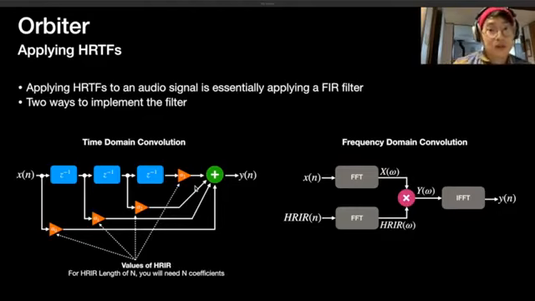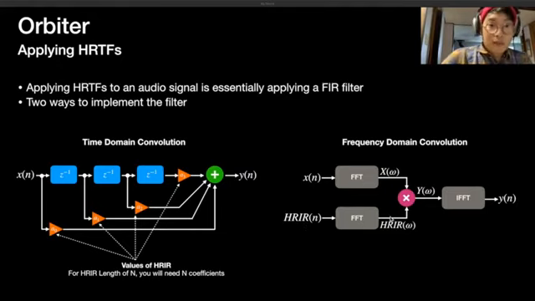The problem with this approach is that it's quite inefficient, and so a better way to do this processing is what's called frequency domain convolution. In this approach, you're taking the Fourier transform of the input signal, and you take the Fourier transform of the head-related impulse response.